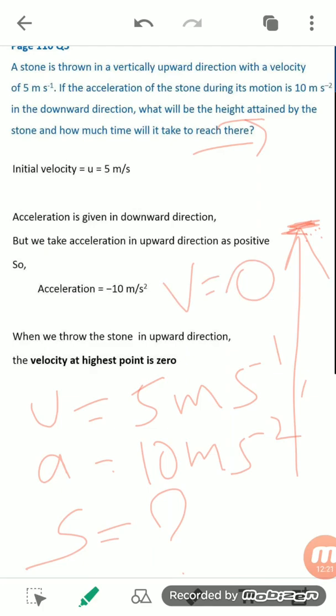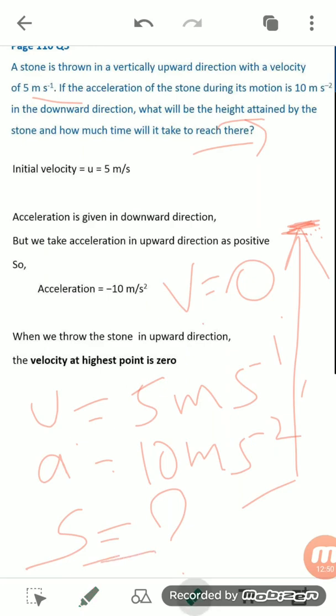It is 0 because of that only the ball starts coming down. It stops for a small interval of time, so at that time the velocity of the ball is 0. So v equals 0, initial velocity u is 5 meter per second, acceleration is 10 meter per second square, and s we have to find.